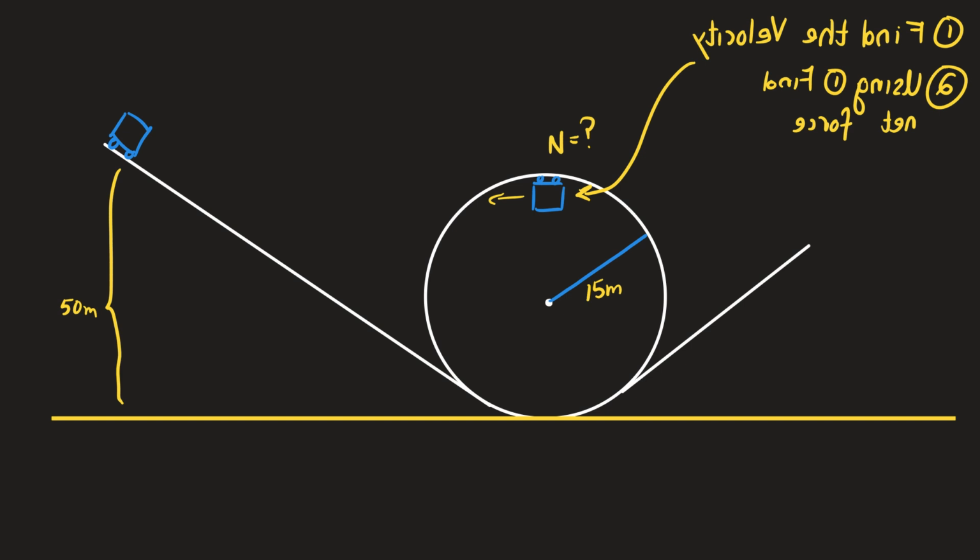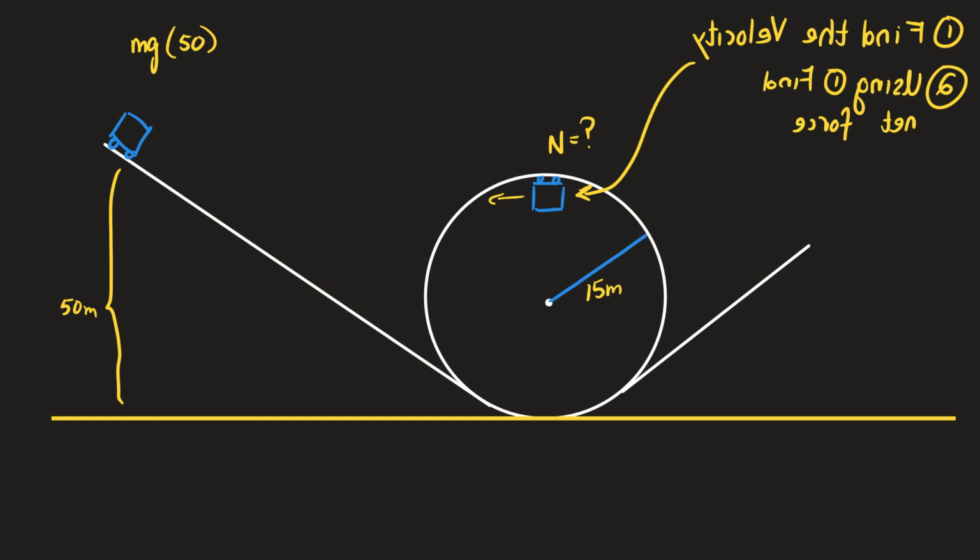All right. Can you tell me the type of energy the car has when it's being released from the top of the track? And what's the equation for gravitational potential energy? That's it. That's the equation for gravitational potential energy, mg(h minus h naught).